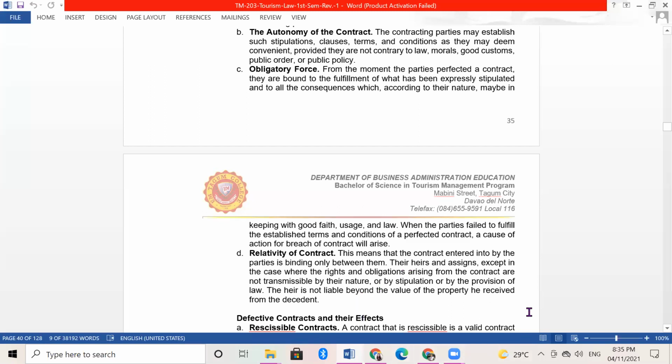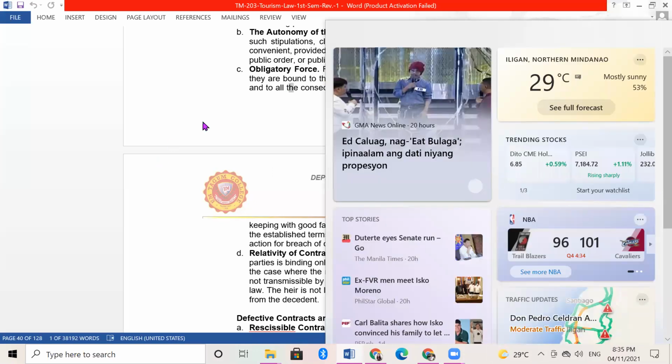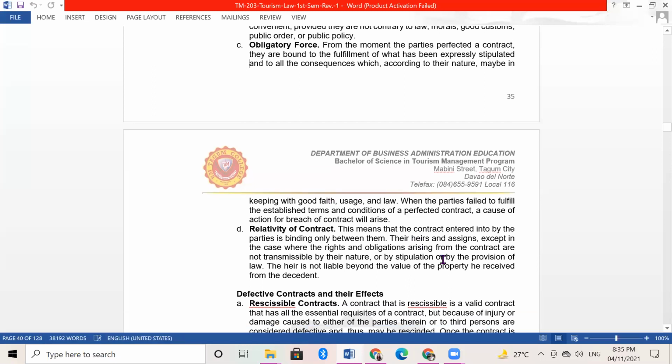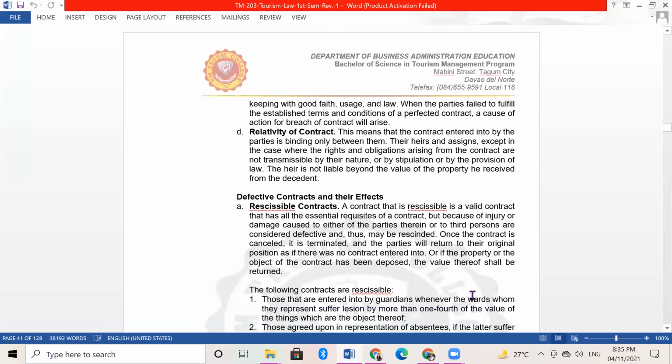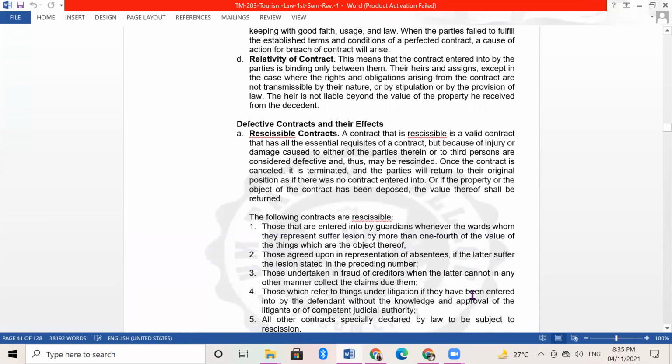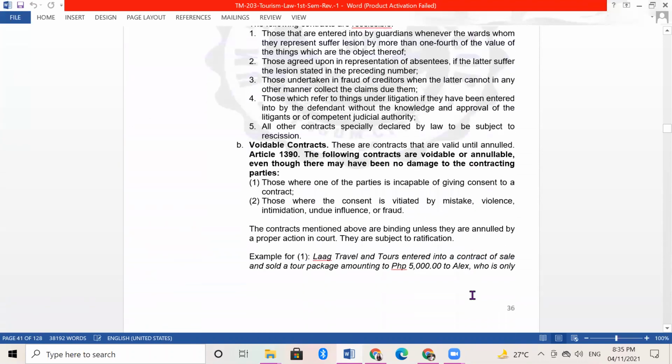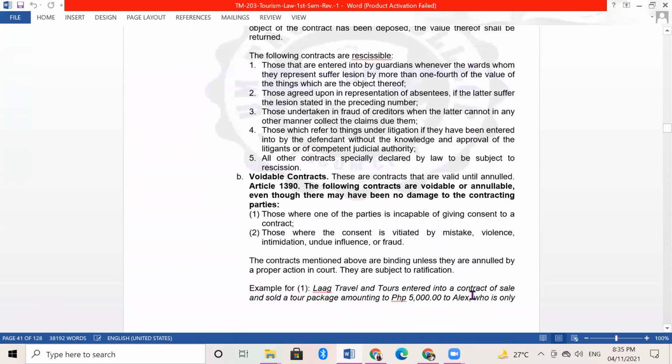So the following contracts are rescissible. First, those that are entered into by guardians whenever the wards whom they represent suffer lesion by more than 1/4 of the value of the things which are the object thereof. Second, those agreed upon in representation of absentees if the latter suffer the lesion stated in the preceding number.